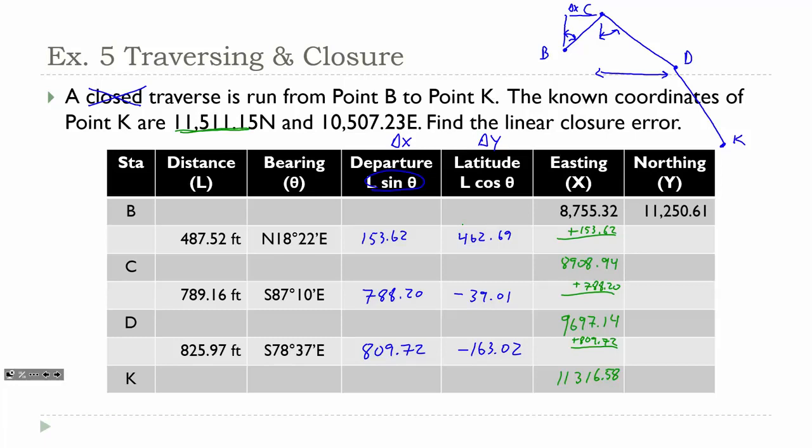Let's go ahead and do the northings. 11,713.3. And the next one's going to get subtracted. It's a negative. 11,674.29. 11,511.27.